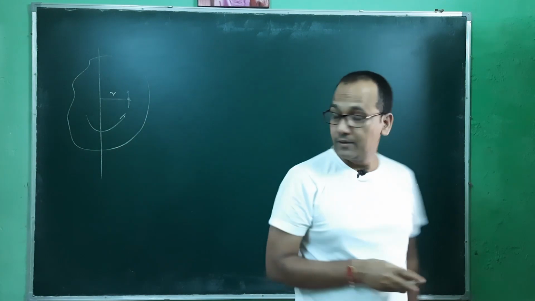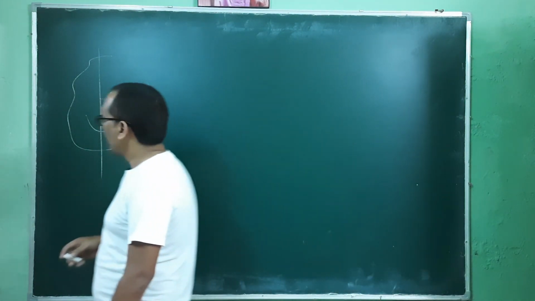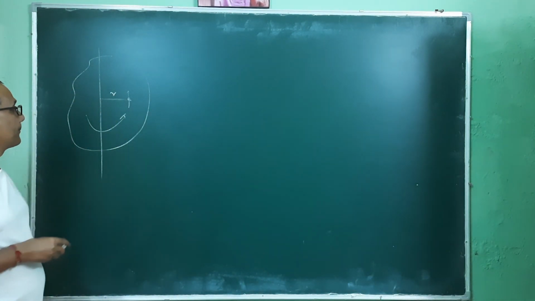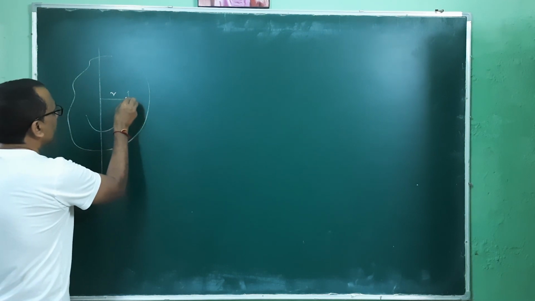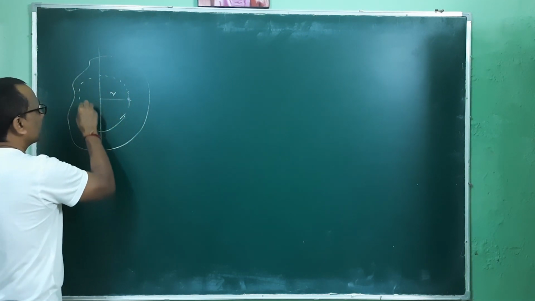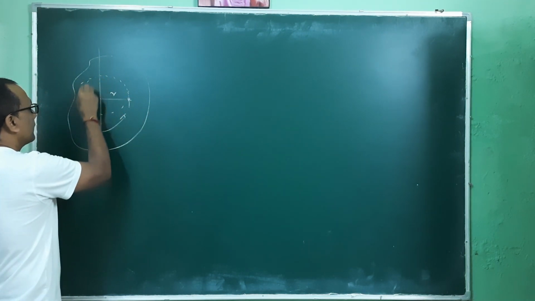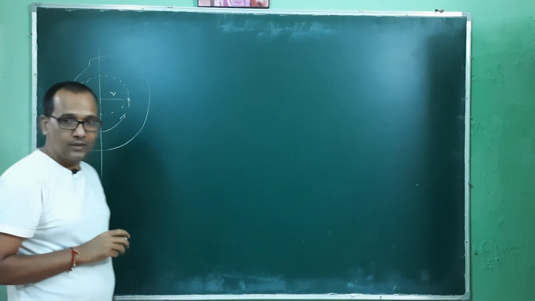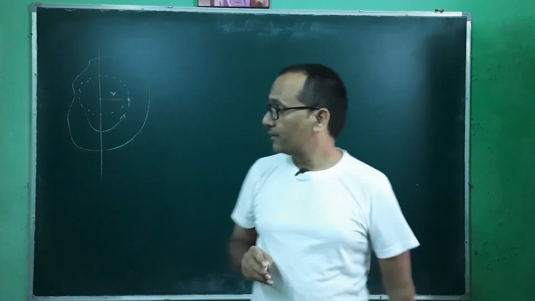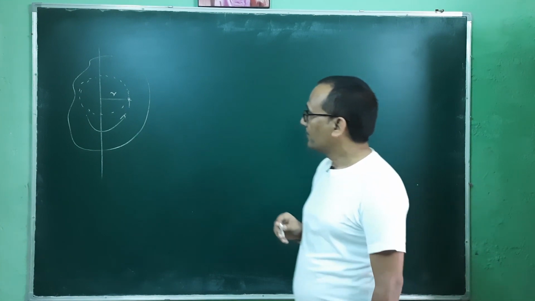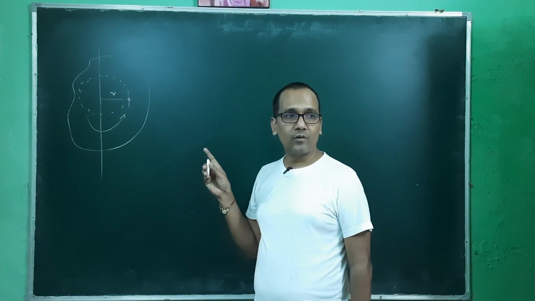Now we may have two cases. First, if this body is just following a circular path of radius r, this is the case we have also discussed in circular motion.